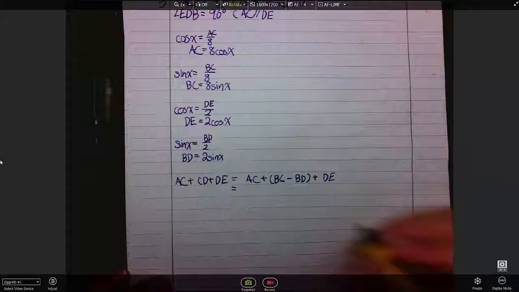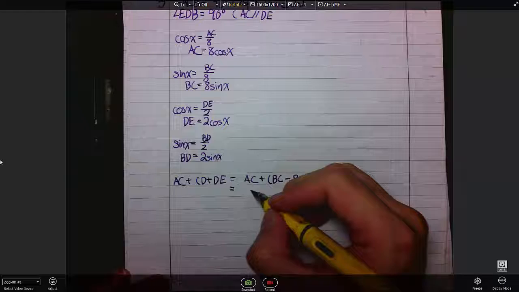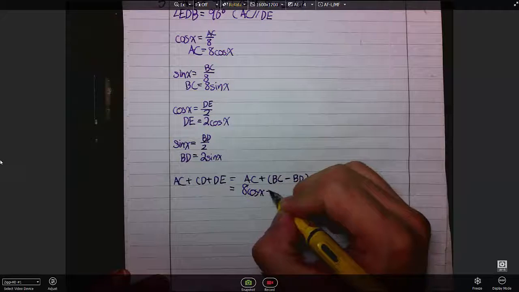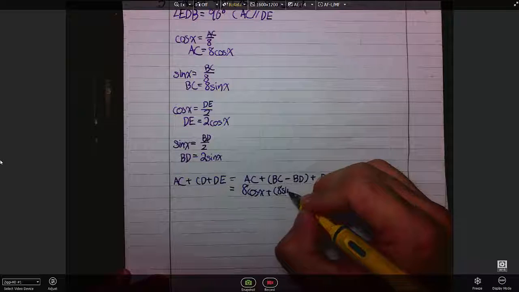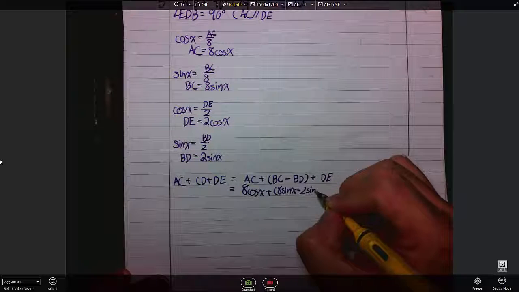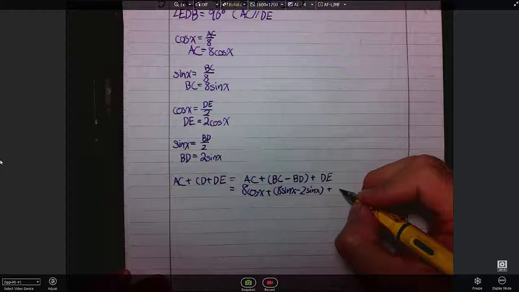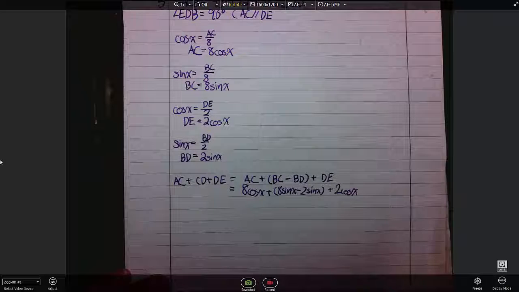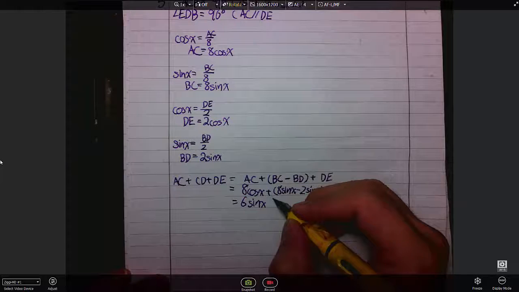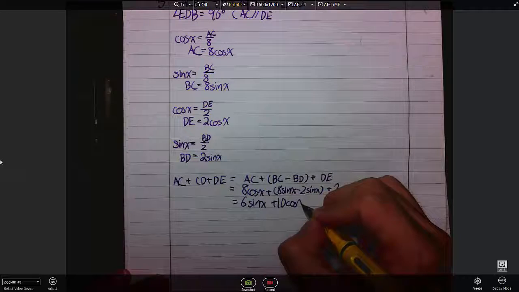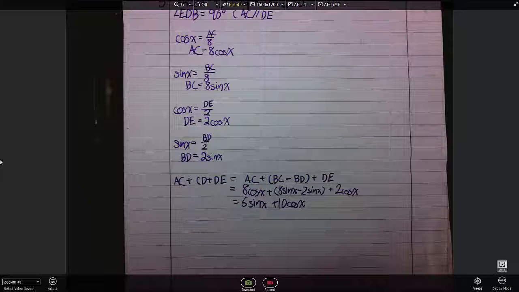Then you just put in all the values: AC is 8 cosine x, plus BC minus BD is 8 sine x minus 2 sine x, plus DE is 2 cosine x. You simplify everything, you should get 6 sine x plus 10 cosine x. And you're done with the first part of the question, shown, 4 marks.